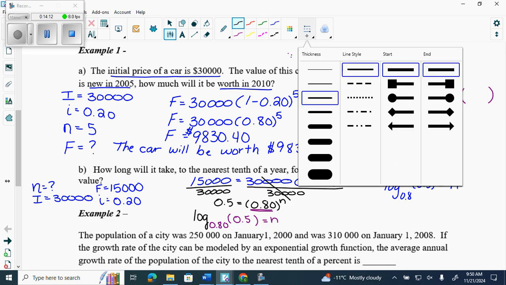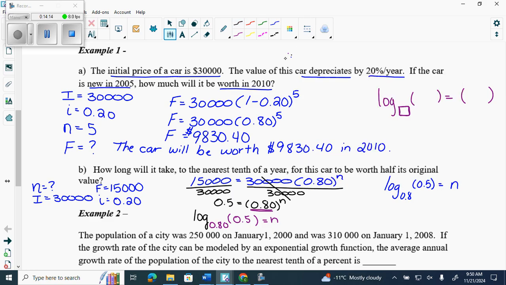But if you have a TI-83, or sometimes they write it this way, the way you'll type it in is you're going to put a line through it like this. See how that subscript stays down there? And you log it. This also results in the same thing. So everyone type that in. Log 0.5 divided by log 0.8. You should get the same answer.